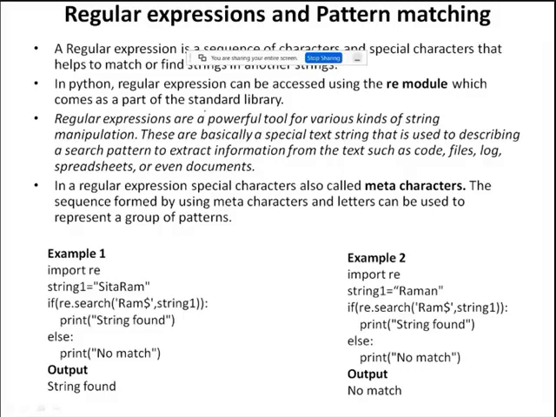So what is a regular expression? It is a sequence of characters and special characters. Characters means all the alphabets, and special characters means the dollar symbol, cap symbol, dot symbol, question mark. All these special characters we can use in a regular expression.